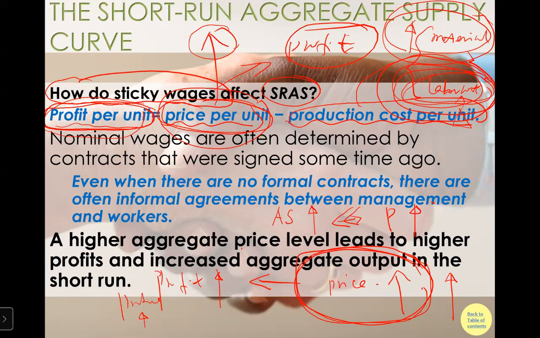Otherwise, they are going to lose their employees, right? Otherwise, they cannot make the profit they could at the beginning. Okay, so you can see over the long term there's going to be an adjustment. The profit will decline. So the increase in profit only happens in the short run because the wage is sticky. But over time, the wage will adjust.